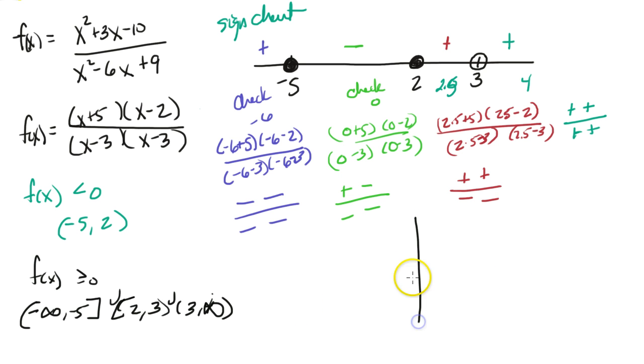What does the graph look like? Well, if I did throw this in the calculator, I saw what the graph looks like. So it's at 3. 3 is my vertical. The negative 10 over 9 is about a negative 1. So it crosses over here. And we said the root was at 2. So that's one of the roots. And another root's at negative 5. It's over here.